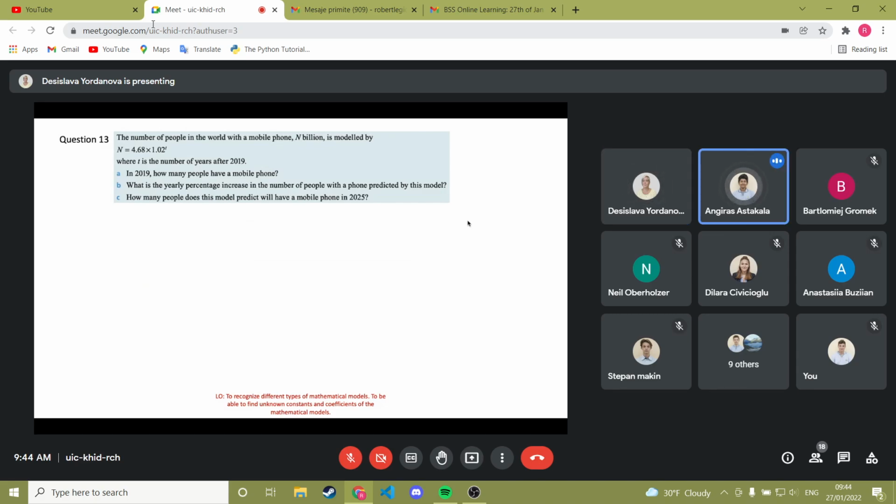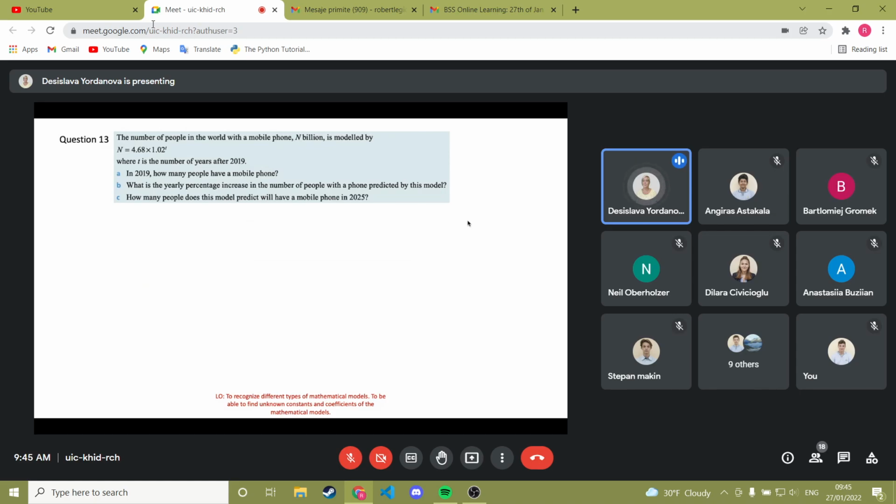No, miss, I am okay. So basically, when you increase it by 1.02, that means you're multiplying it by 102%. So basically you're adding 2% to the initial. Okay. The others, did you get this? Not at all, miss. When you multiply by 1.02, you can recall how we did the compound interest.